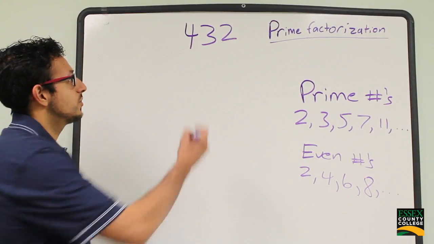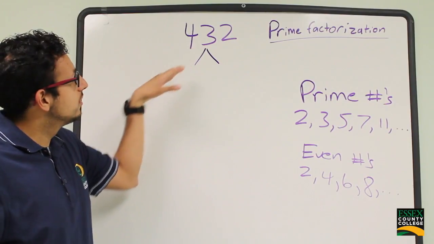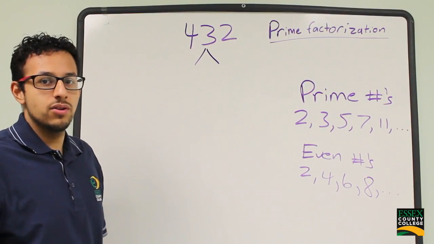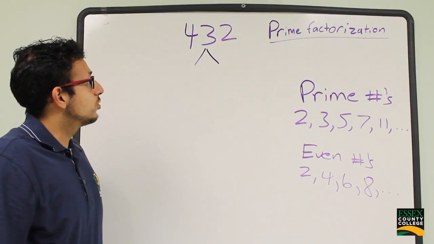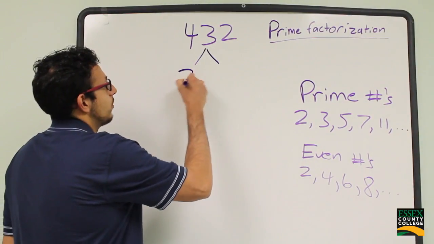An easy way to start is to make a factor tree. We're going to go down until we finish all the prime numbers. To start, we pick the prime number 2.